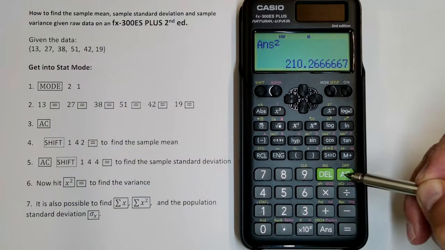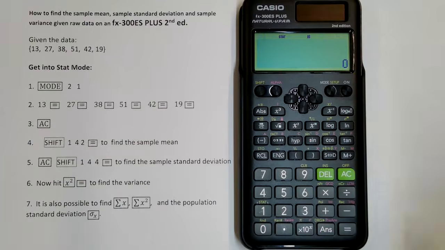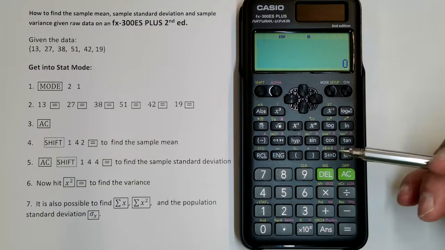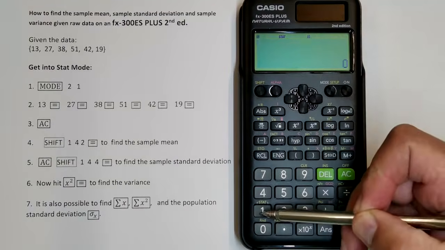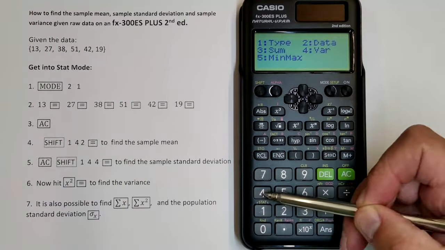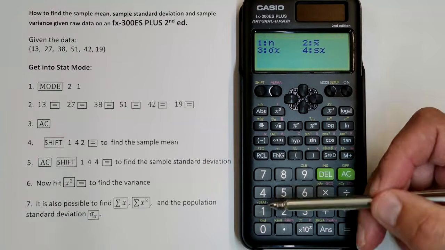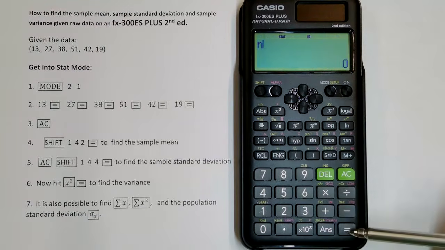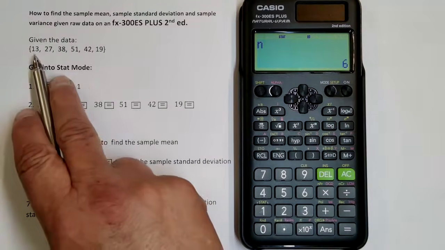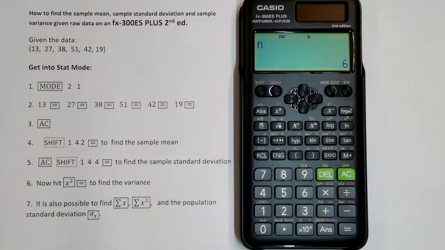So that's how you find the sample mean, sample standard deviation, and sample variance. I've shown you basically what you need to know. However, I want to show you some more things as well. If I hit shift 1 and go over number 4 again, the n is the sample size. So if I hit 1 and equals, 6: there's 1, 2, 3, 4, 5, 6 values there.